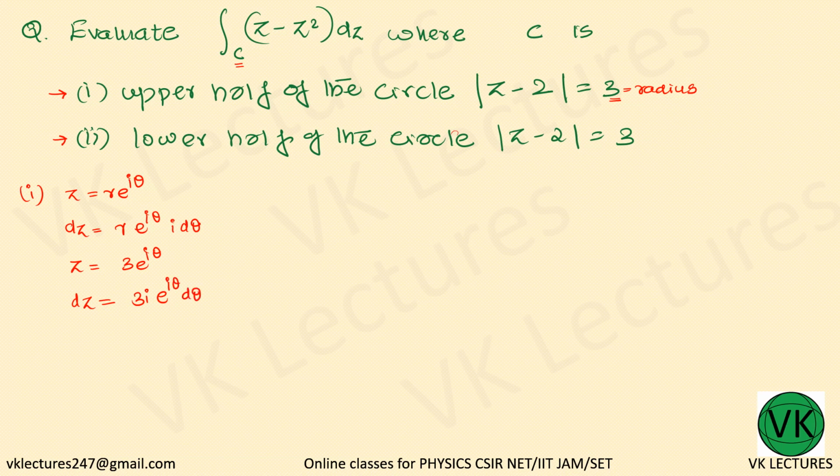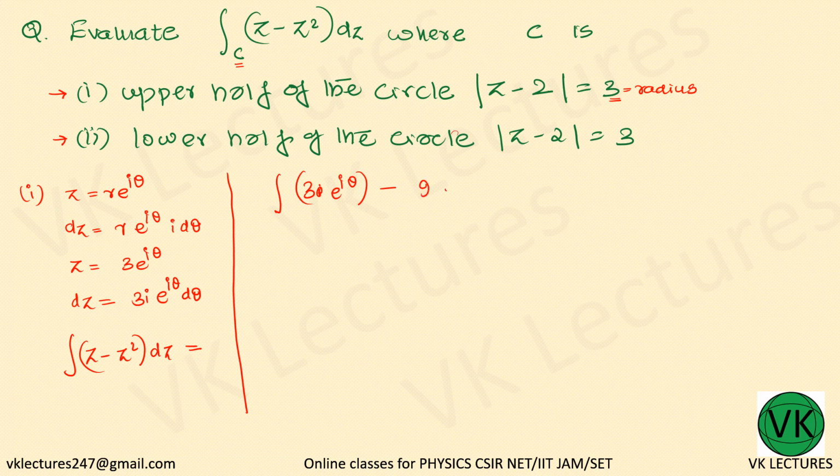Okay, now the integral is along the curve C, z minus z square dz. Now that's equal to, let's write here, integral z is 3 e to the power i theta minus z square will be equal to 9 e to the power 2i theta.